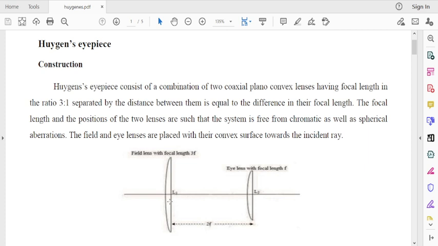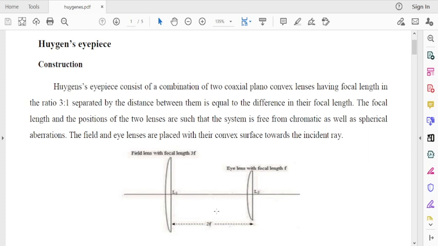And the distance between these two lenses should be the difference between the focal lengths of these two lenses, that is here 3f minus f is 2f, the distance between these two lenses.